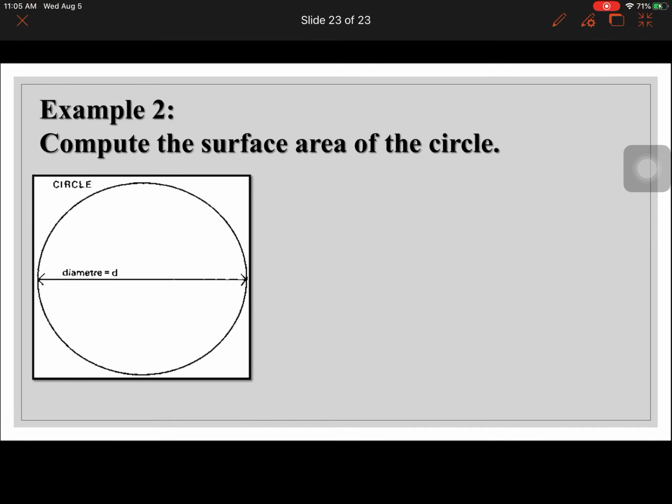Next, para naman sa example number 2. Compute the surface area of the circle with a value of 2 meters. So, surface area of the circle is equal to 1/4 open parenthesis 3.14 times 2 meters squared close parenthesis. So 1/4 open parenthesis 3.14 times 2 times 2 is 4 close parenthesis.